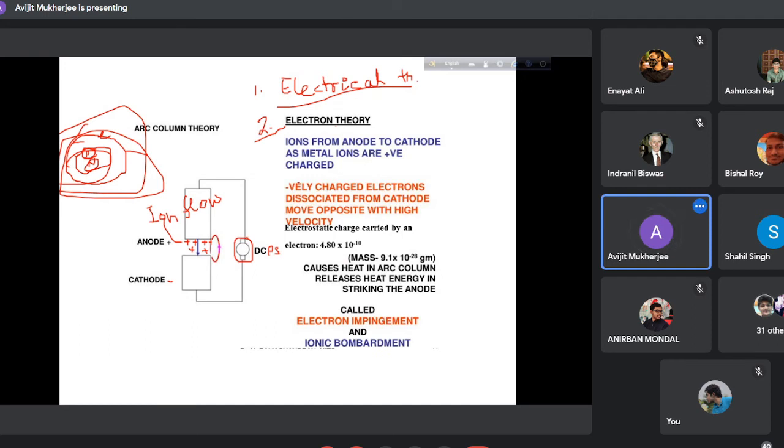Now in the electron theory, which is stronger, let me just clean this.